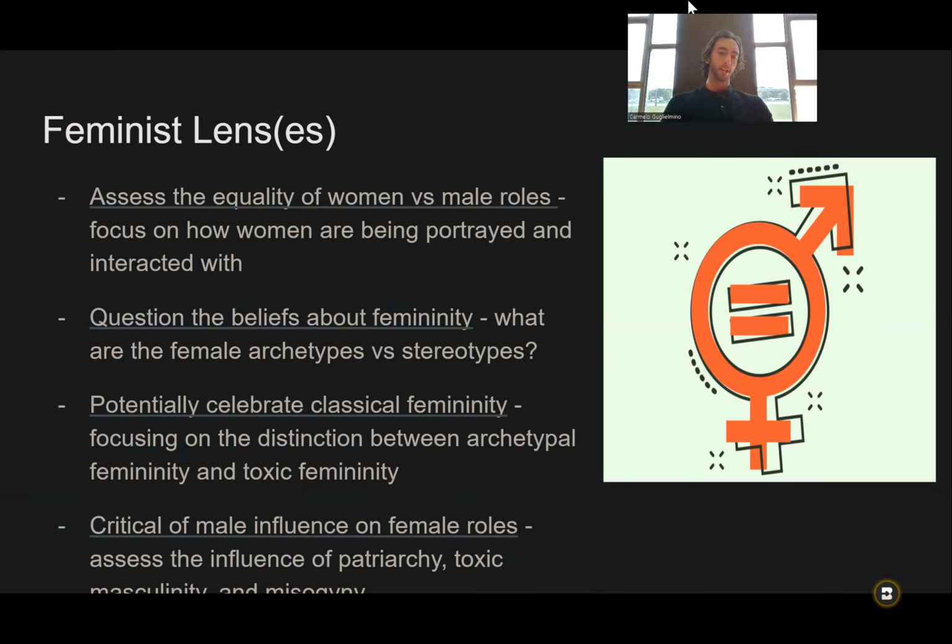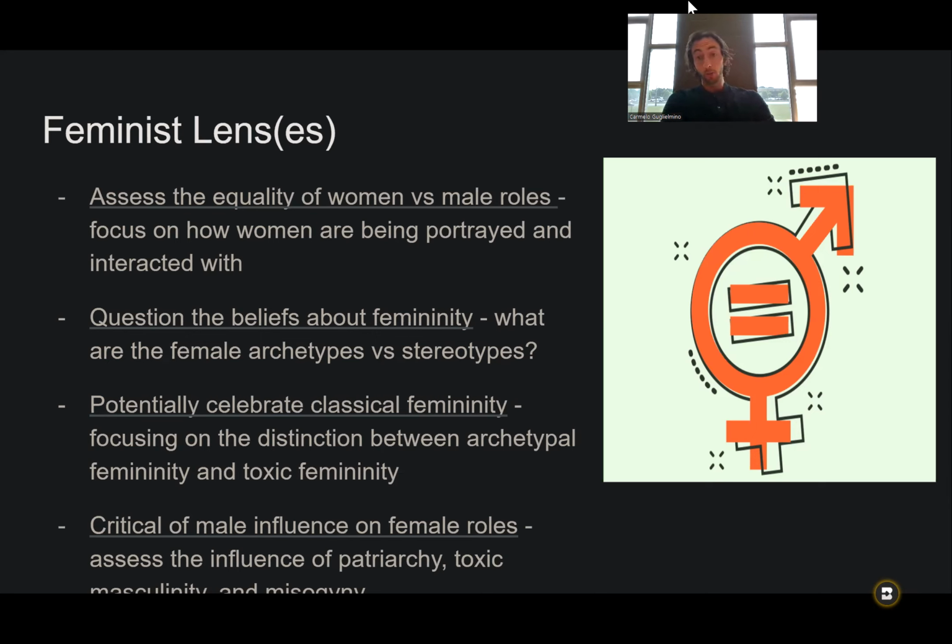Now, another thing that this lens is focusing on is the desire to question the beliefs about femininity and what it is at all. So what are the female archetypes and stereotypes being portrayed in a particular work? This, of course, becomes very popular when we're looking at Victorian literature. Victorian literature has become infamous for its poor and almost oppressive stereotypes that it imposed on women and how women should be at the time.